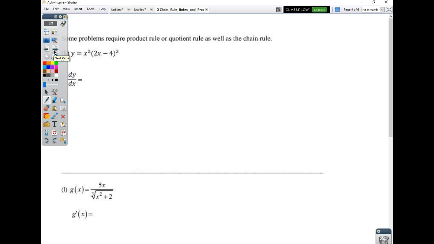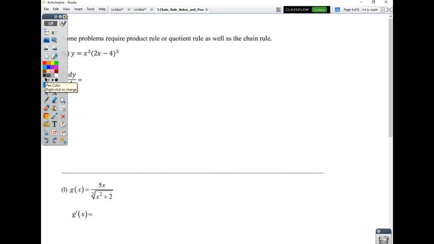Product rule, quotient rule, and chain rule can always be in the same exact problem. And we could have to use multiple rules in a single question. I like it. I think it's fun. But then I'm weird. For instance, take a look at this. This is y equals x squared times 2x minus 4 all raised to the third power.